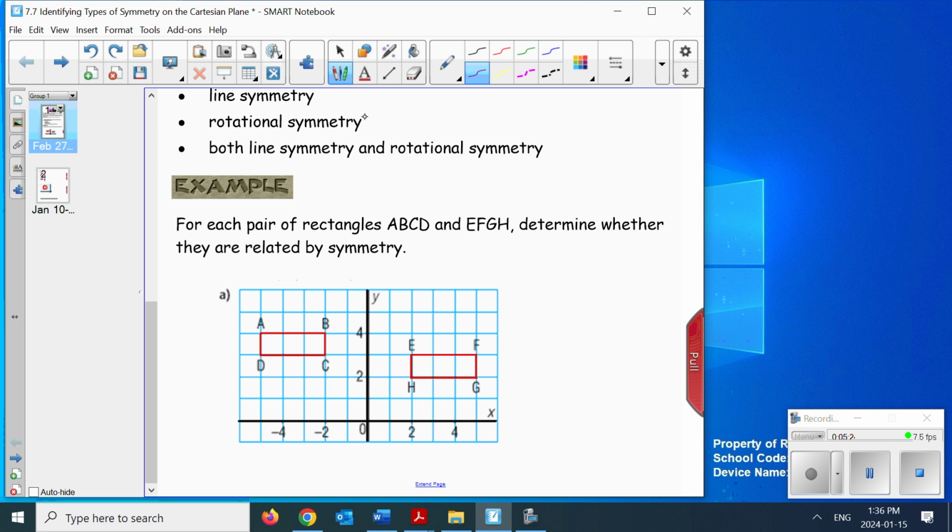Back to this example. For each pair of rectangles, determine whether they're related by symmetry. Okay, they're definitely not line symmetry, right? Is there rotational symmetry, and if so, how? Could you twirl the shape on the left to become the shape on the right? Use your imagination a bit about twirling.